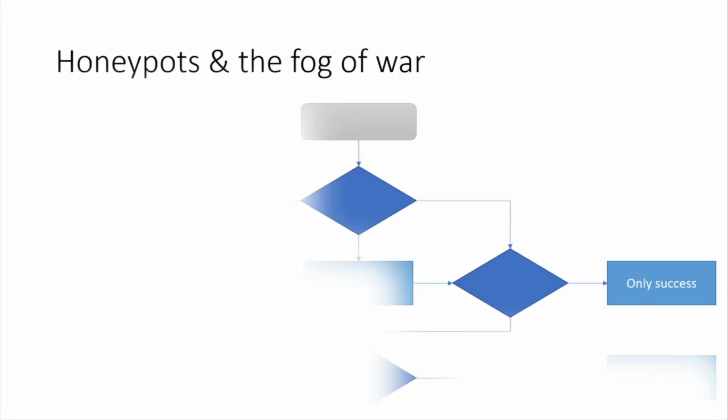And when you're looking at traditional high interaction honeypot data, you only get success states. This is really annoying, because understanding the other states an attacker could get into, understanding what's hidden underneath that fog of war, is the key to understanding what attackers are doing in the first place. And if we don't understand what attackers are doing in the first place, then it's kind of game over for us.